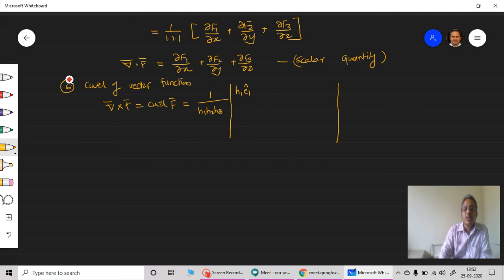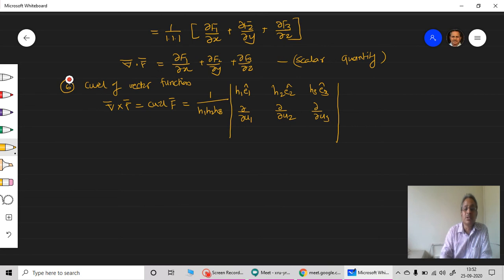Okay, now the second term in the first row is h2 e2 cap, the third is h3 e3 cap. Then the second row was the first partial differential with the first parameter, ∂/∂u1, the second with the second parameter, ∂/∂u2, and the third with the third parameter, ∂/∂u3.